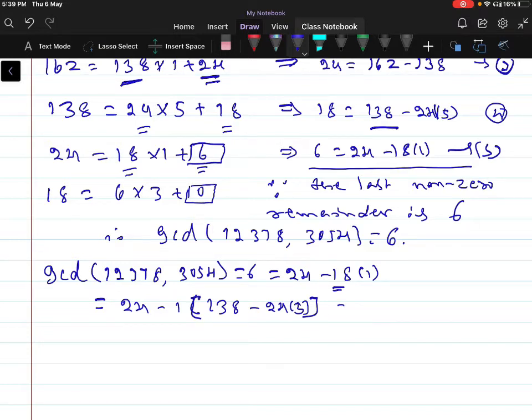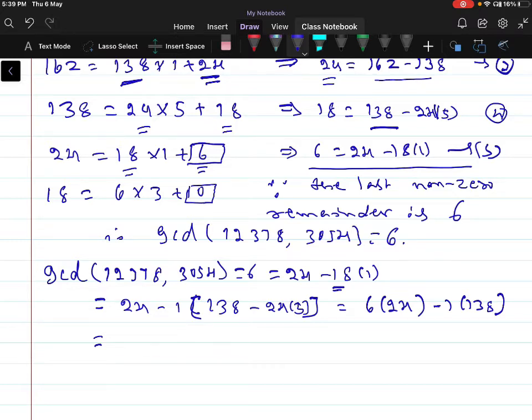So this is equal to 1 times 24 plus 5 times 24 minus 1 times 138, that is 6 times 24 minus 1 times 138. Now let us apply the equation for 24, which can be written as 162 minus 138 using equation 3.